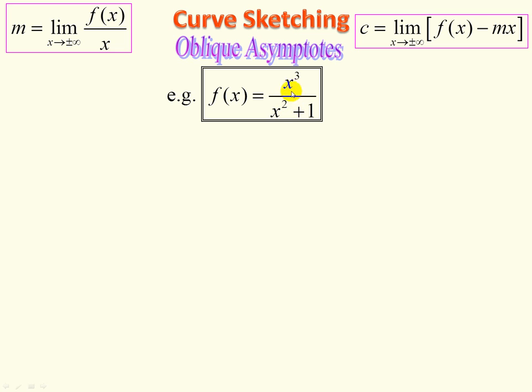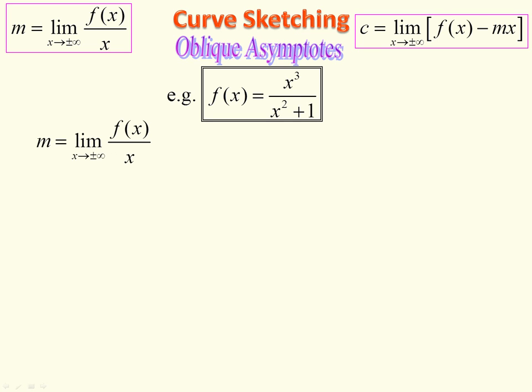For it to be linear, the degree of the numerator must be only one more than the degree of the denominator. So if this was x cubed, the degree of the top would be 4. If that was 4 and this was 2, then the difference would be 2, and your oblique asymptote would actually be a parabola with x squared. But we're not dealing with those.